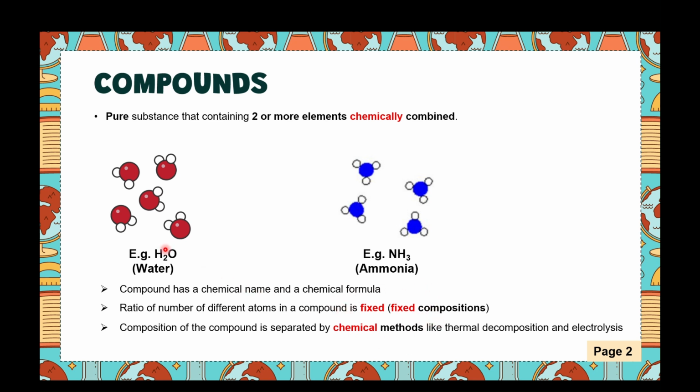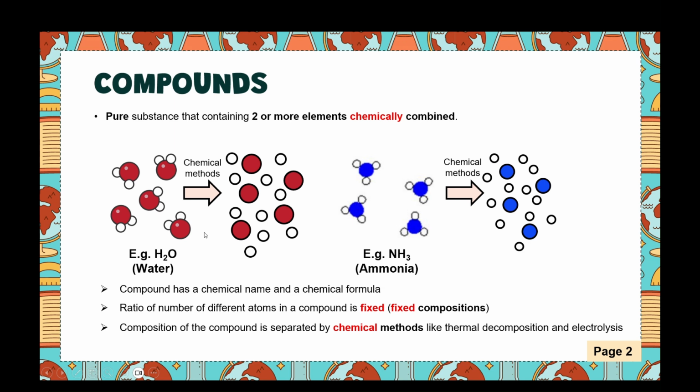It will always be H2O in fixed composition. The components of a compound are separated by chemical methods, such as thermal decomposition or electrolysis. So for example, if I want to separate out water into hydrogen and oxygen atoms respectively, I will have to do chemical methods to break them down. The same applies for ammonia, since ammonia is also a compound.